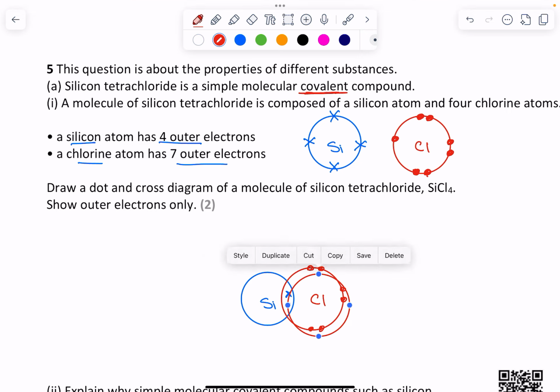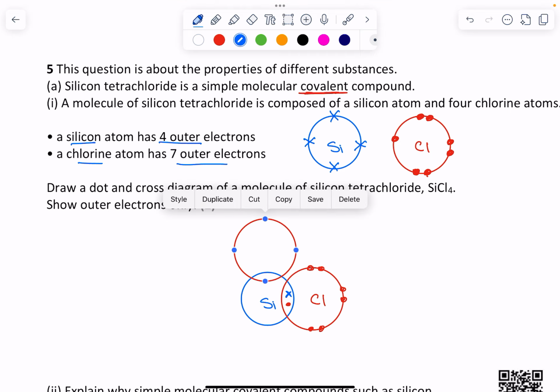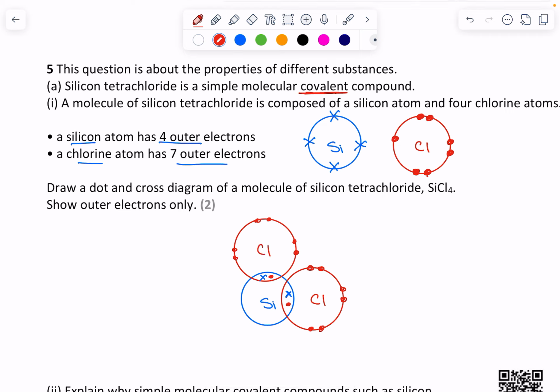If we do the same here, so again, we're going to have 1 of the silicon, 4 electrons into this space. So 1 of those is going to be in there, and then you've got again your electrons from the chlorine, so that's Cl, and we're going to just replicate that again.